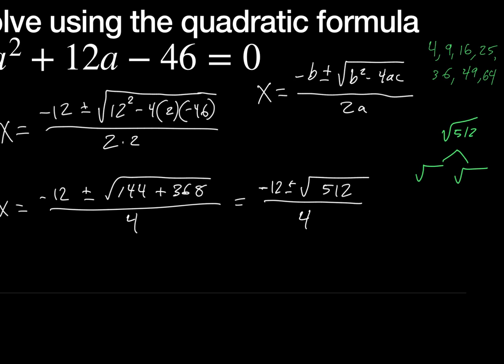So does 64 go into 512? Well, first off, I know it's not going to be 25 because it doesn't end in 0, or it doesn't end in 25, 75, 50.